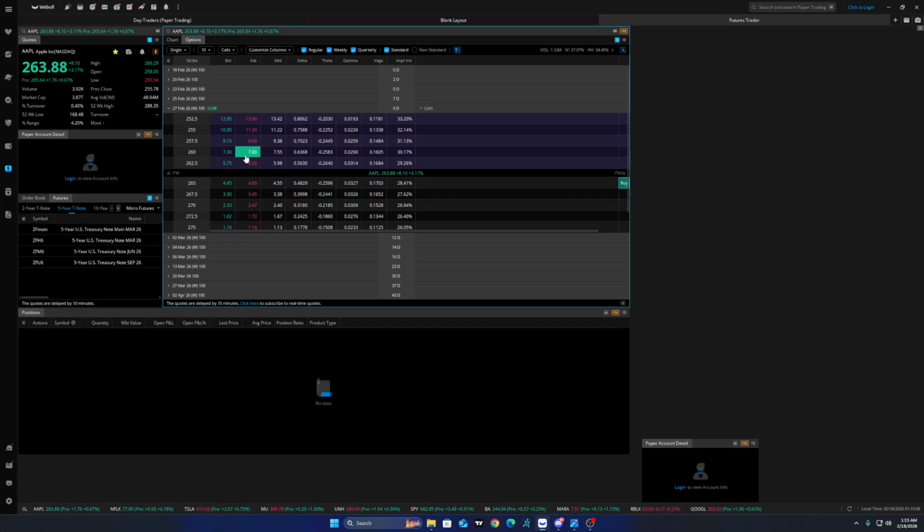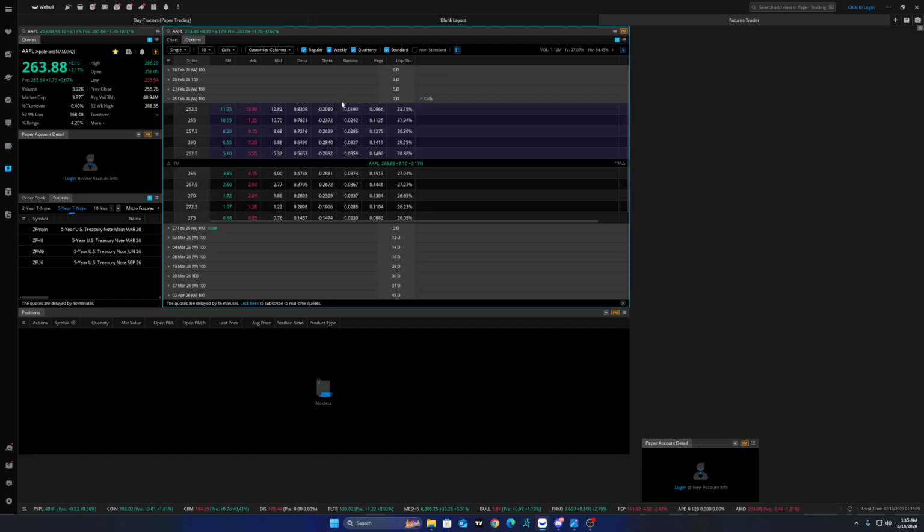I never get in the money just because the spreads are very wide and it really has to go your way in order for you to really make money. Another thing, I never buy way out of the money, or weeklies. So weeklies is the week it expires.